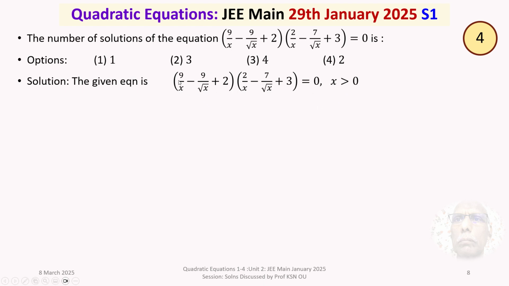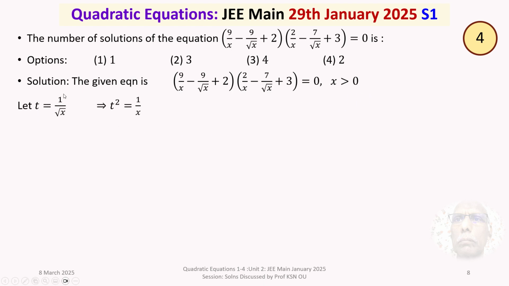If x is 0, it sits in the denominator, which is not possible. Therefore, x must be positive. If x is negative, then the root of a negative x will be complex. So, we are going for the number of real solutions, and we put x greater than 0.